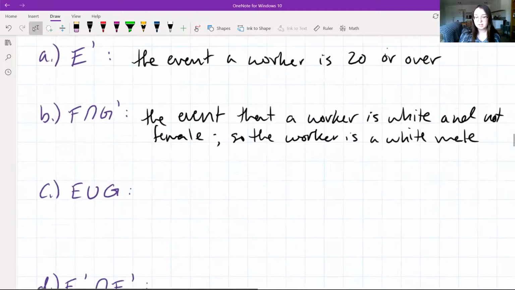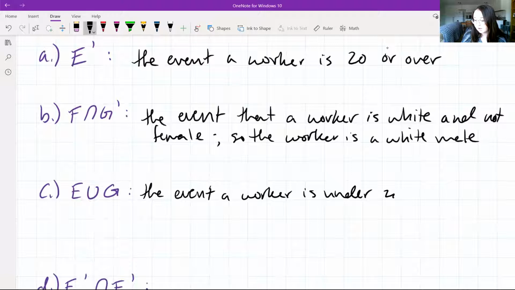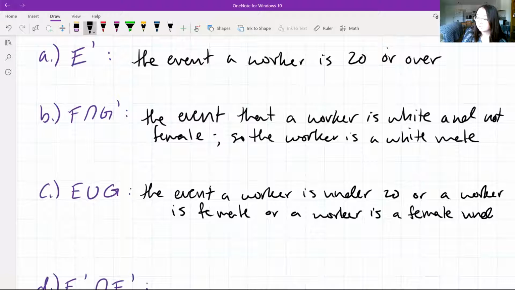So this means the event: a worker is under 20, or a worker is female, or a worker is a female under 20.